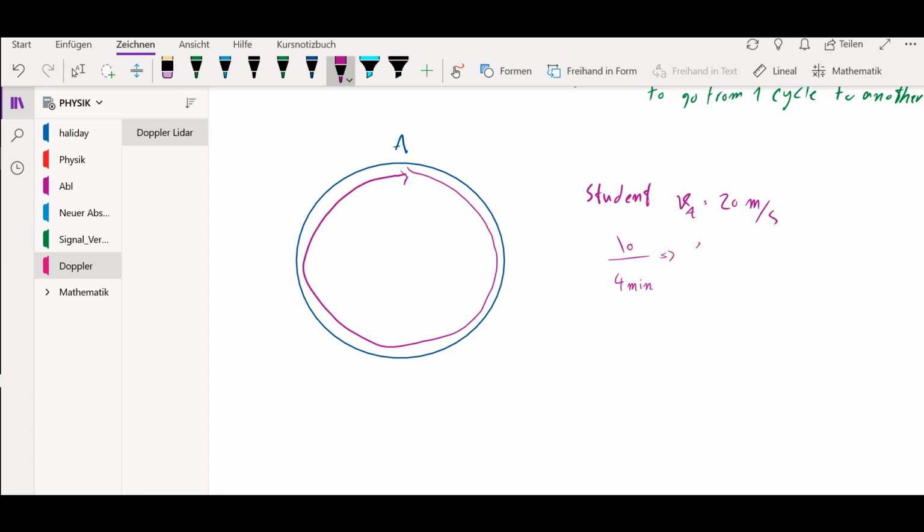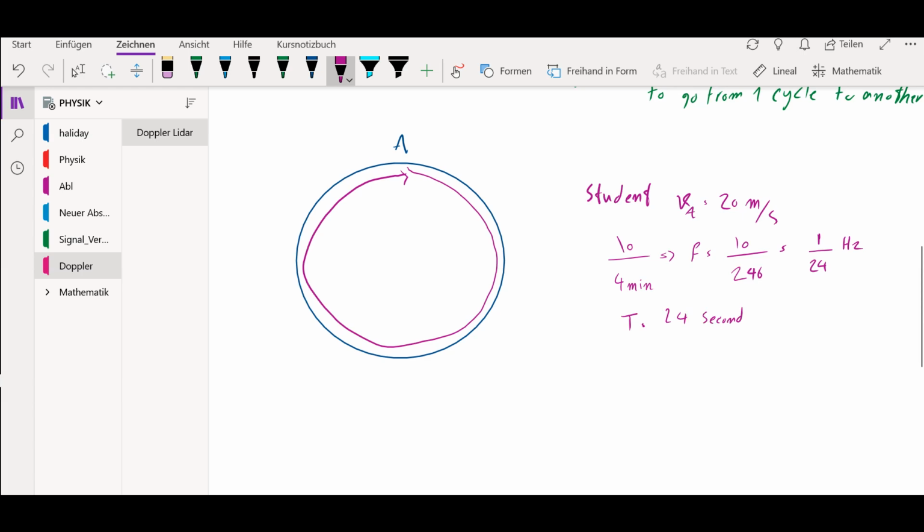So the frequency would be 10 divided by 4 multiplied by 60, 240, and it is 1/24 hertz. This is the frequency. Period, on the other hand, is 24 seconds, and it means it takes 24 seconds for the student to run 1 time.